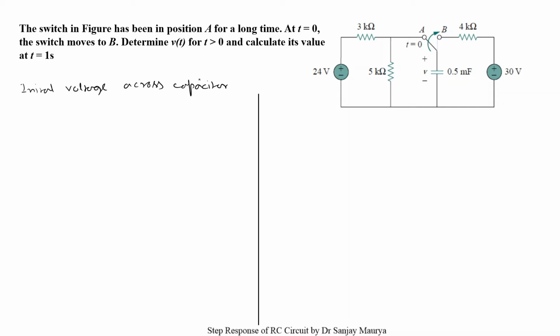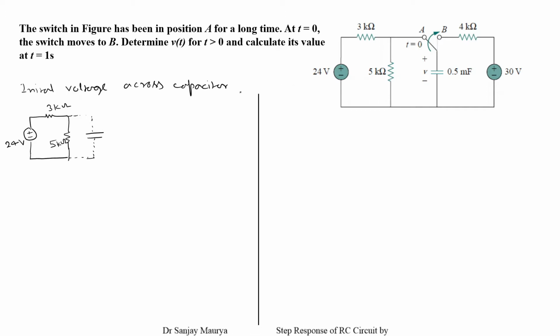In this one, the switch is at position A for a very long time. So I am redrawing the circuit. Since the switch is at position A, the capacitor will get charged up to the voltage level equal to the voltage across the 5k ohm resistor.